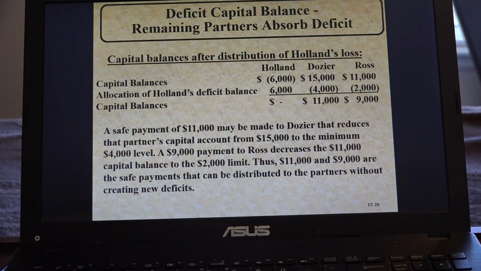Of course, there's not really anything left in the partnership, but at some point they may have to absorb this loss, and Dozier would have 4,000 in his capital account, and Ross would have 2,000 in his capital account to absorb the $6,000 loss if the litigation proves to be unsuccessful.